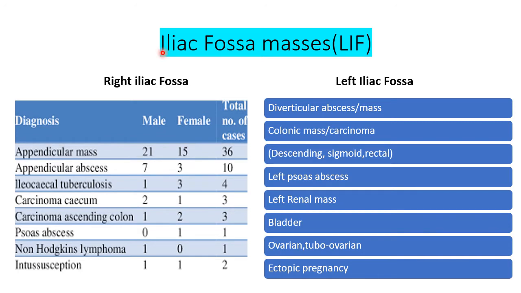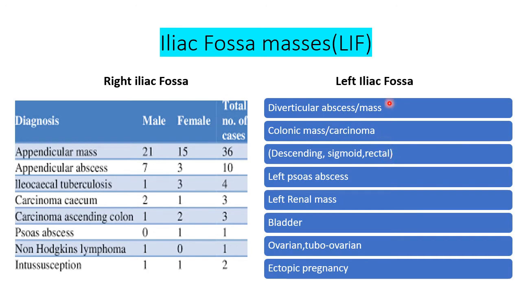Iliac fossa masses: the right iliac fossa, we will not go into today, but in the left iliac fossa, the important conditions that can present as a mass are a diverticular problem, diverticular abscess or mass, a colonic mass or carcinoma, especially of the descending colon or sigmoid, or a rectal mass, higher rectal masses.